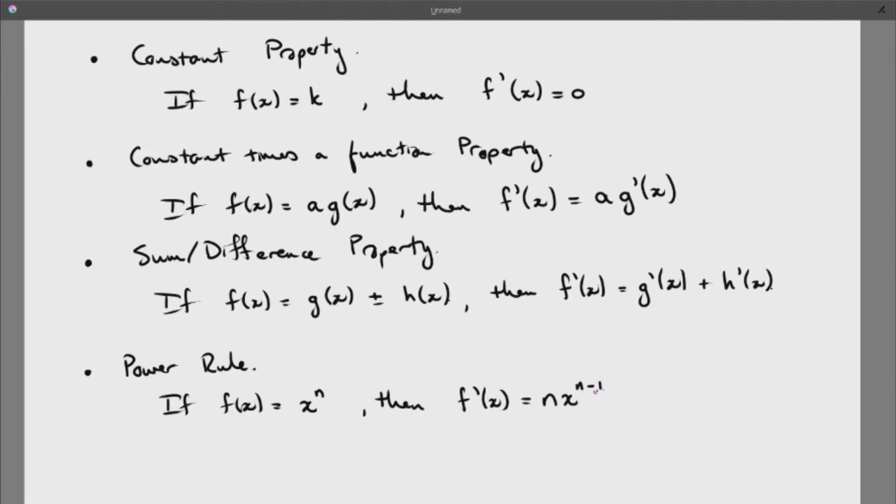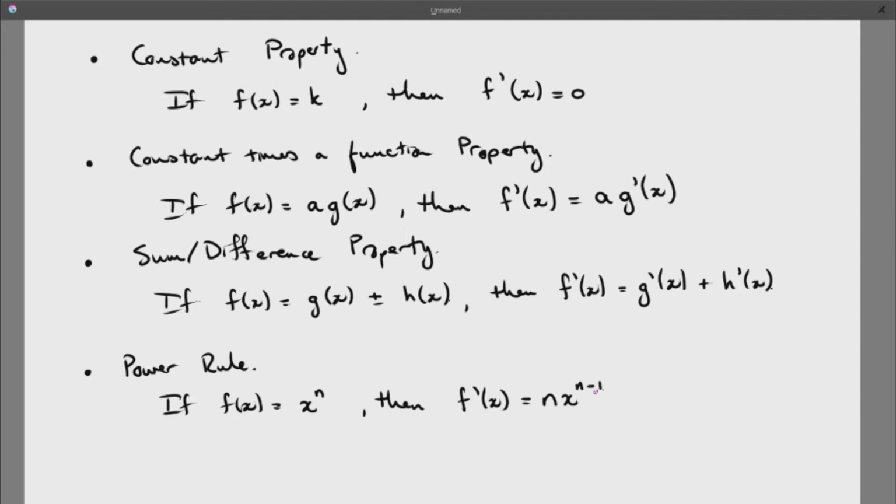And we had some basic functions, x squared, x cubed, x to the 4, that we had to use the limit definition on, and then we noticed a pattern, and that pattern does indeed continue. So this is what we have so far.